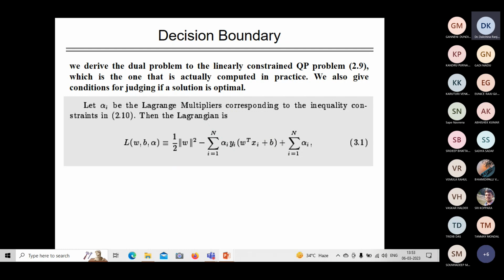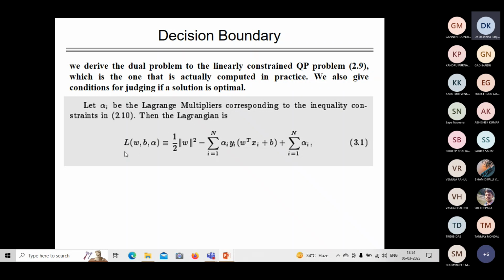The Lagrange multiplier can be associated with this constraint expression, and we can define the Lagrangian to solve this dual problem. So we can express this constrained optimization problem in terms of the Lagrangian.